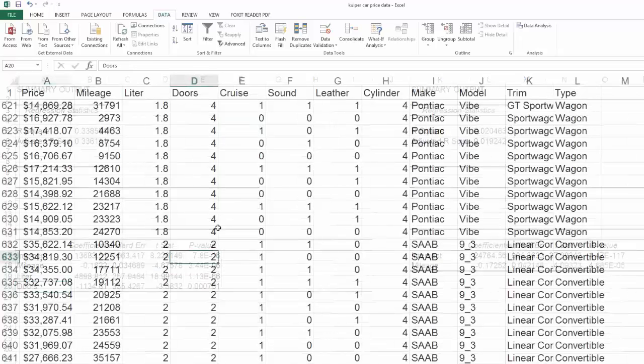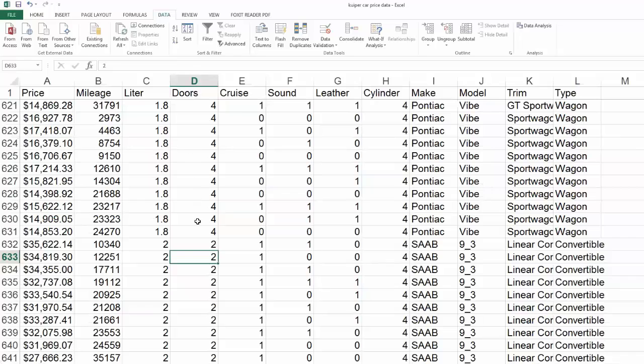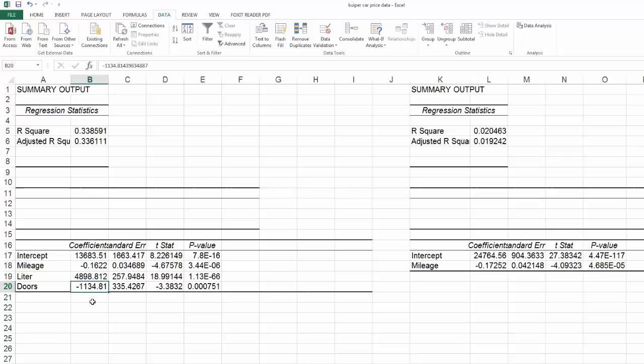So even though the only types of cars I have are 4-door and 2-door cars, Excel doesn't know I'm talking about cars. Excel just sees a column of data with 4s and 2s in it. And so it's still going to report a coefficient that tells me what happens to price if there's a 1-unit increase in this independent variable.